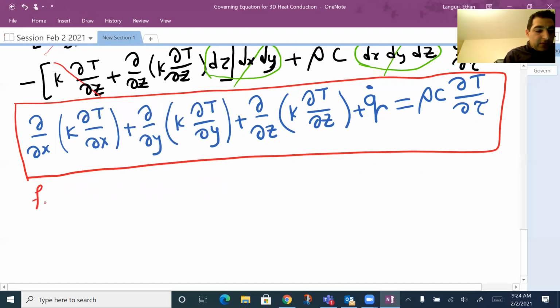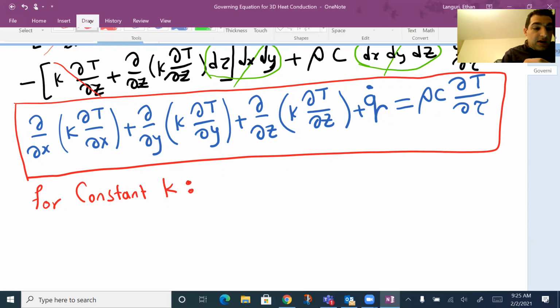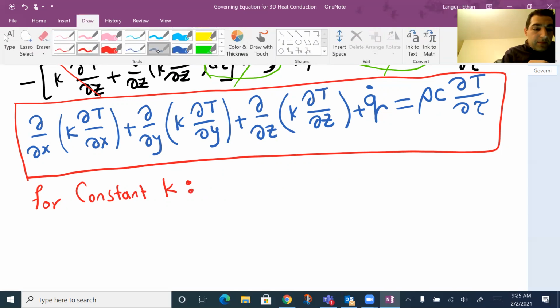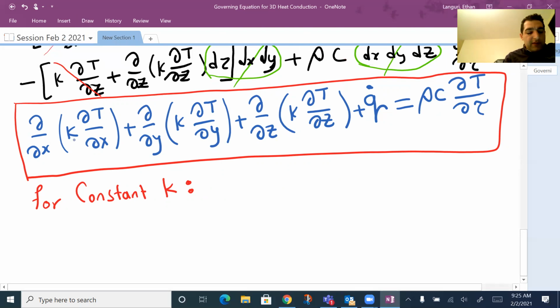So let's say for constant thermal conductivity, k, if k can be assumed constant, what we can do is that it comes out of this derivative. Same thing along y and z. So you can factor it out. And as you will see, I'm going to divide the whole equation by k. So somehow we show it in another form.